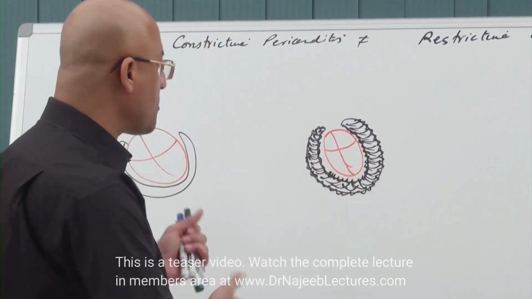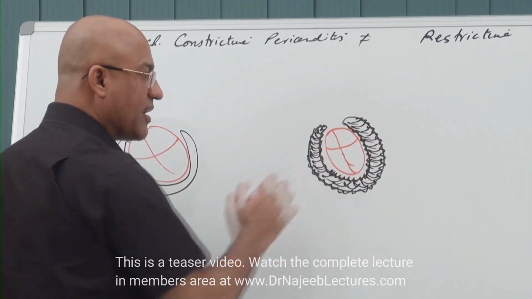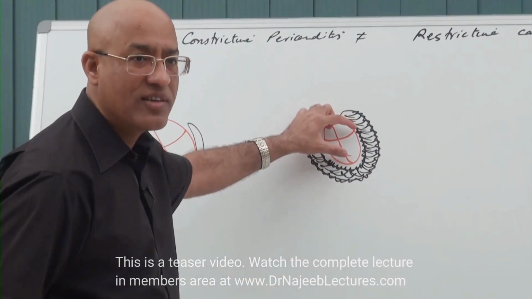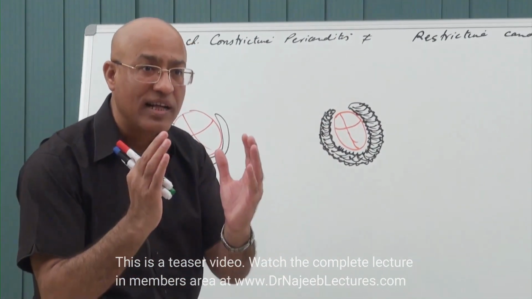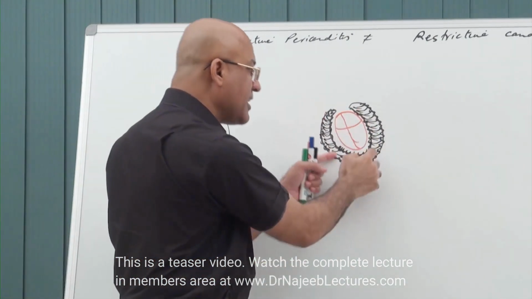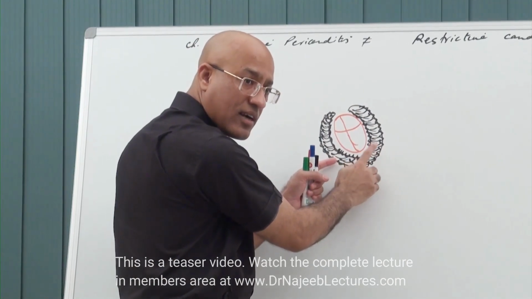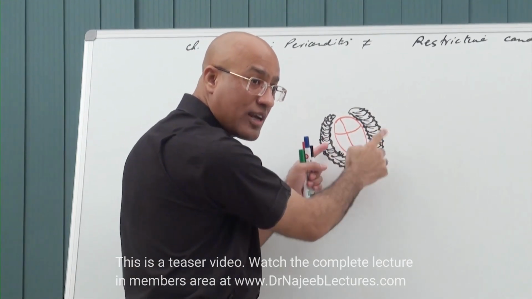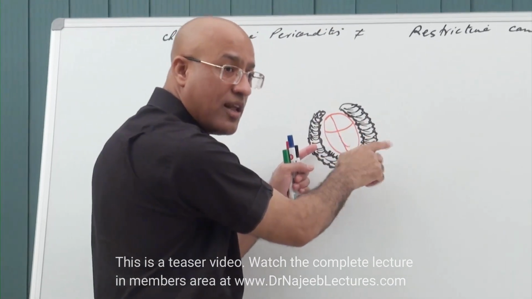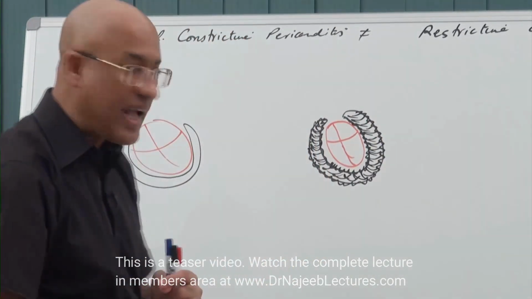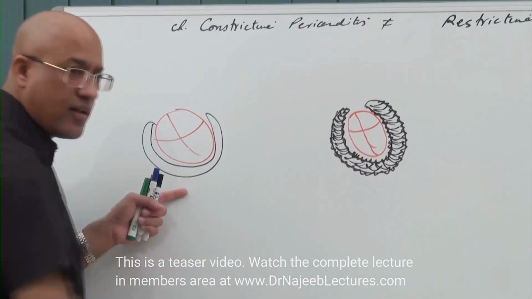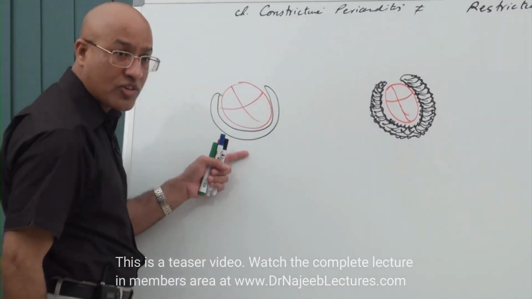And when this fibrocalcific scar shrinks, the heart is encased, imprisoned, in a non-expansile cover, a non-compliant, non-stretchable, non-elastic pericardial scar. And this differentiates normal from chronic constrictive pericarditis.